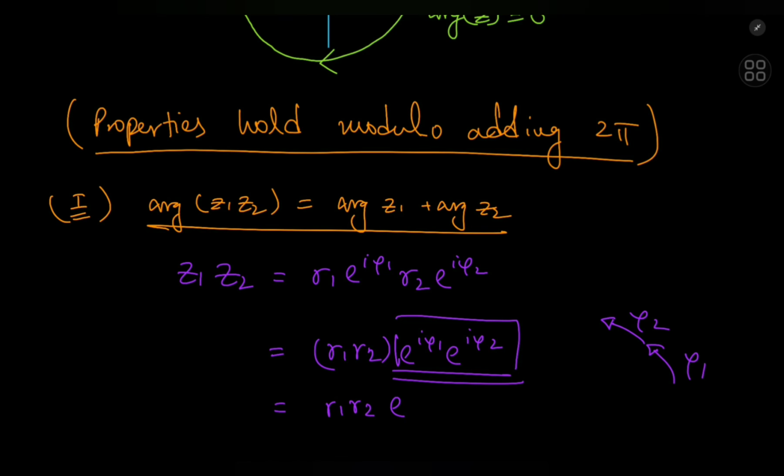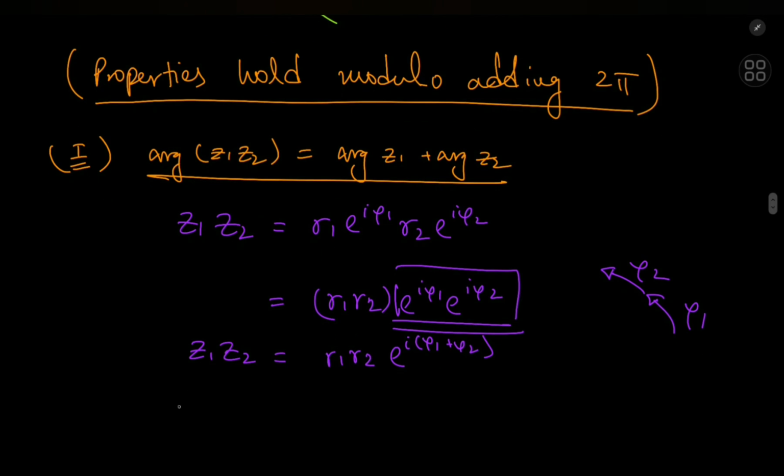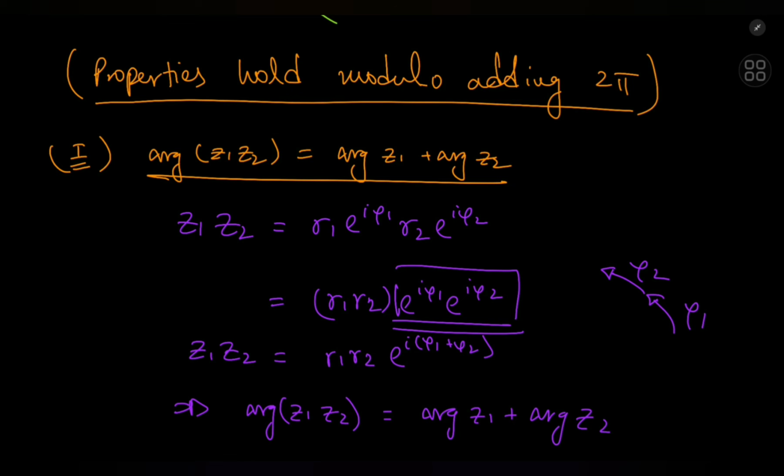So this is just one big rotation by phi sub 1 plus phi sub 2 that can be represented by the operator e to the i phi sub 1 plus phi sub 2. Okay, cool. That's pretty awesome. So this implies that the argument of z sub 1 times z sub 2 evidently equals the argument of z sub 1 plus the argument of z sub 2.